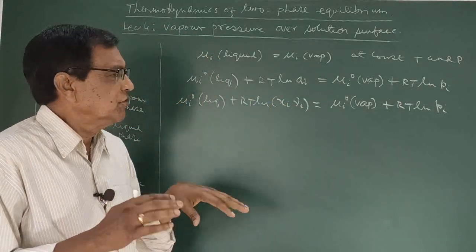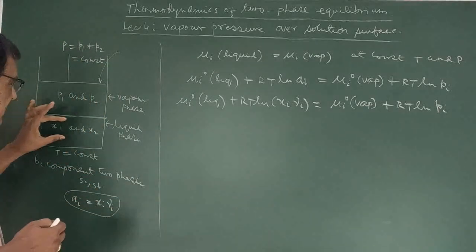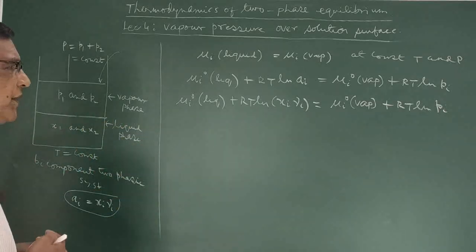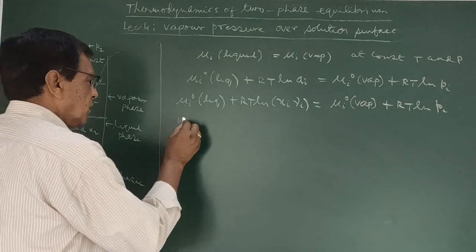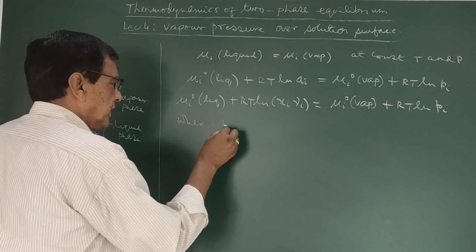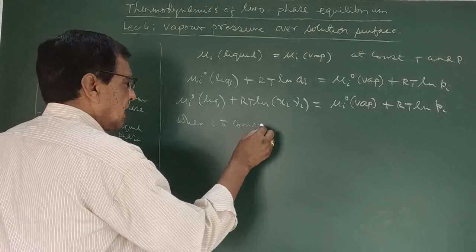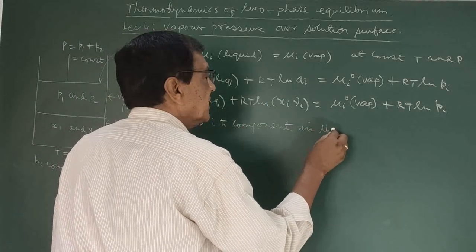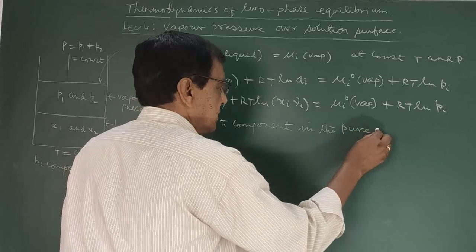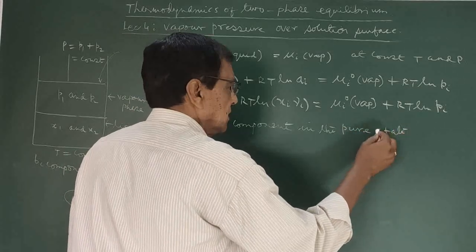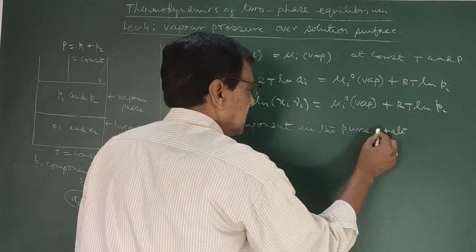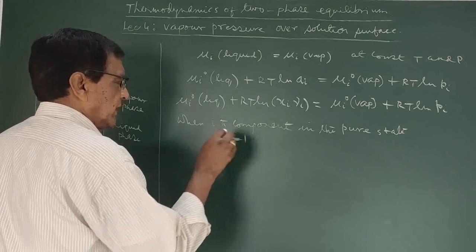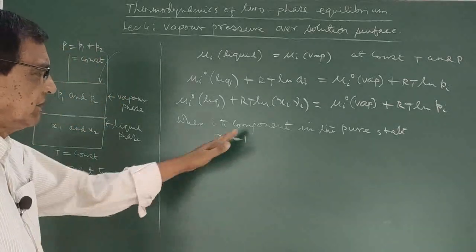and the two standard terms could be connected if we consider the pure ith component, this liquid phase containing only the pure ith component. In the pure state, x i equals 1, the maximum value.